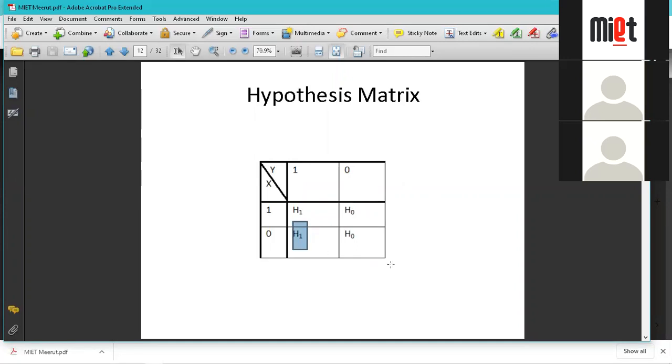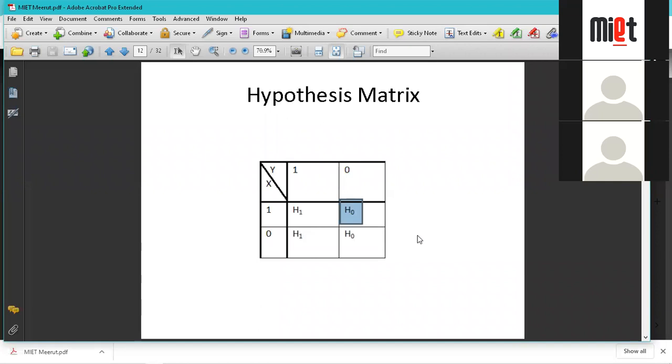So therefore, here you have written H1 for X1 and Y1, H0 for X0 and Y0. But if you see the second value, when X is 1 and Y is 0, it is an error signal.